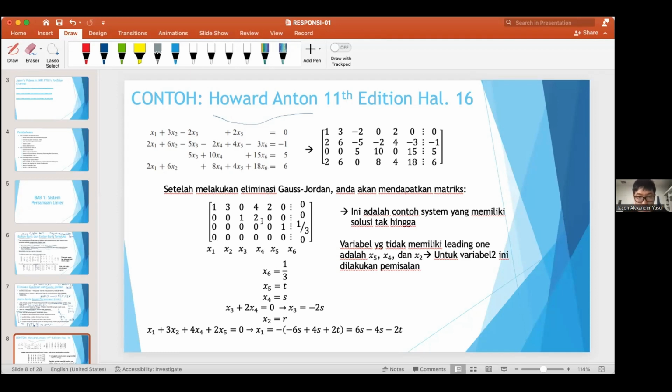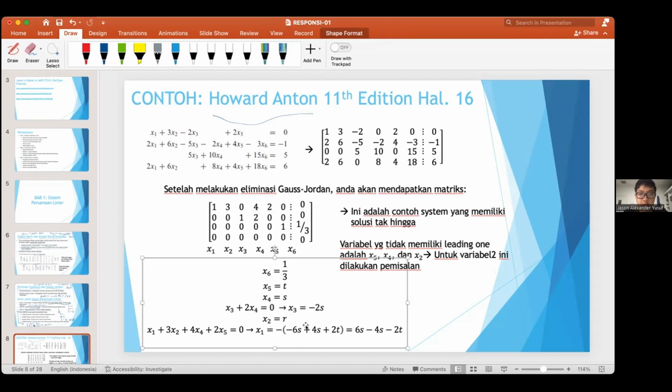Now we take a look which one has leading ones. And we see that x6, x3, and x1 has leading ones. This one, and this one. So that means x2, x4, and x5 do not have leading ones, meaning we can directly assume that they are parameters, which are T, S, and R. You can use any letters you want.